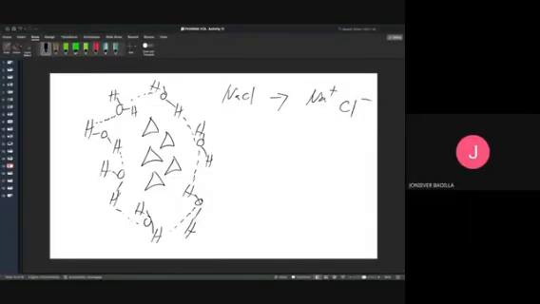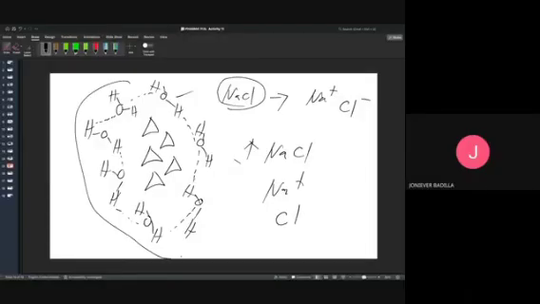So, as mentioned a while ago, once there's a hydration shell and once we incorporate NaCl, what will happen is that when a large number of sodium chloride is added to our solution, the highly charged sodium ion and chloride ion will strongly attract the surrounding water molecules that formed the solvation shell.